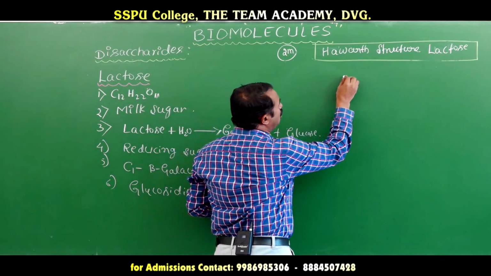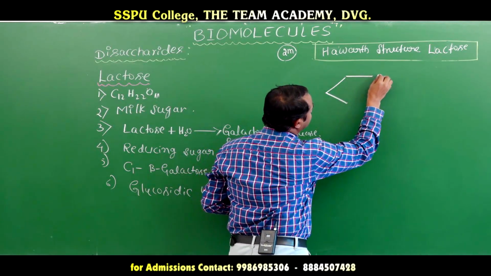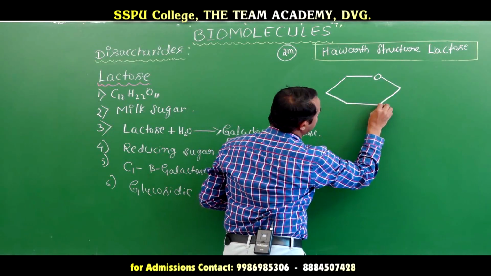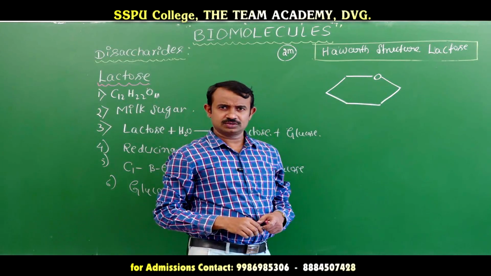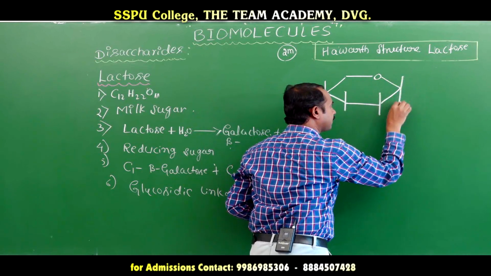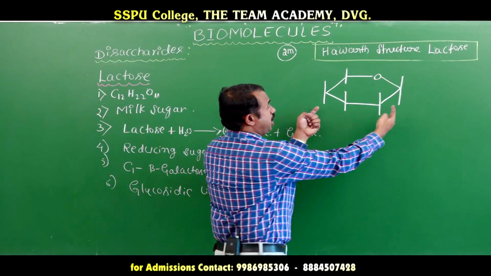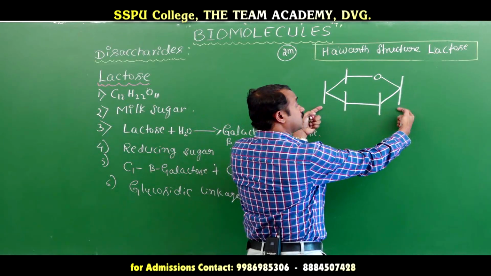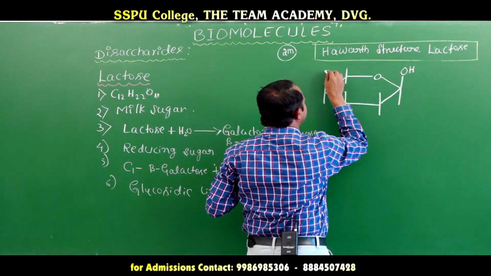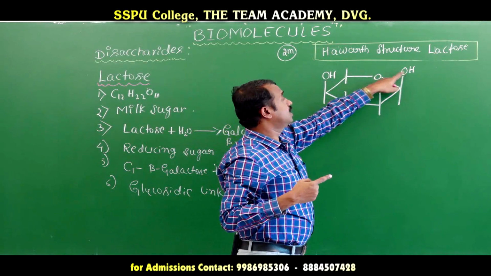Write the simple pyranose structure, generally the same. Here two OH groups come, and both have a hydroxy group.